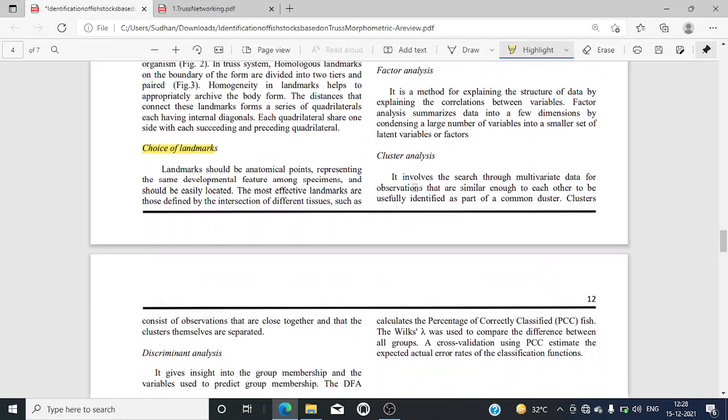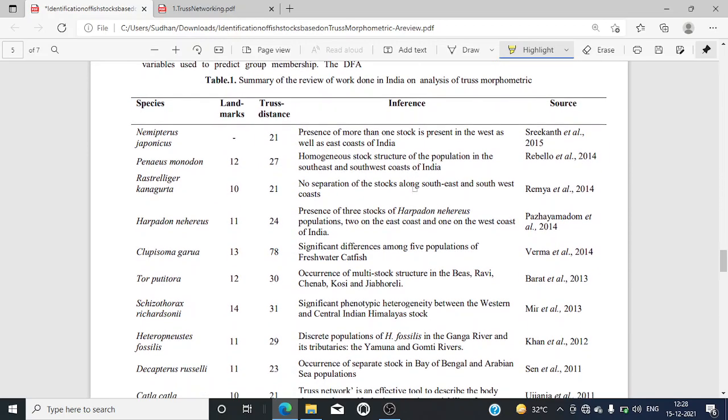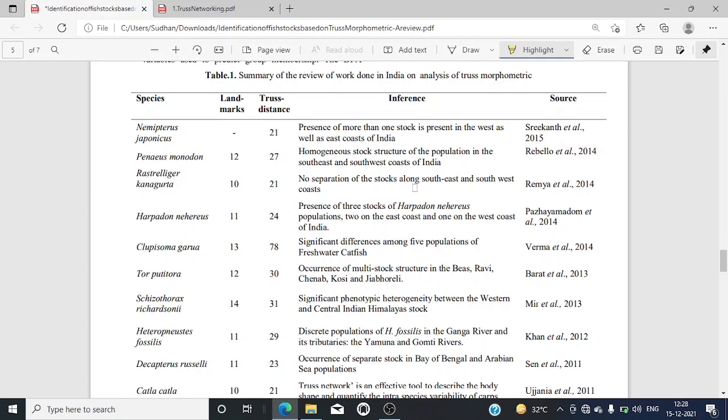So it could be varied with the samples. In this paper they have discussed the summary of review work done in India on truss morphometry, which includes shrimps and fishes. For Nemipterus japonicus, 21 truss distances have been generated.